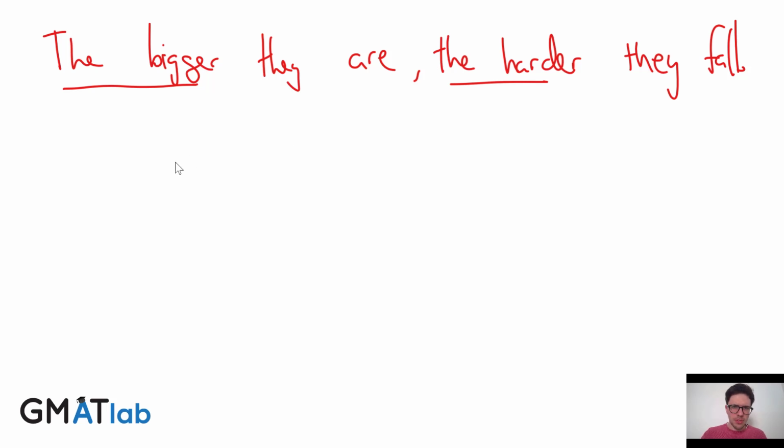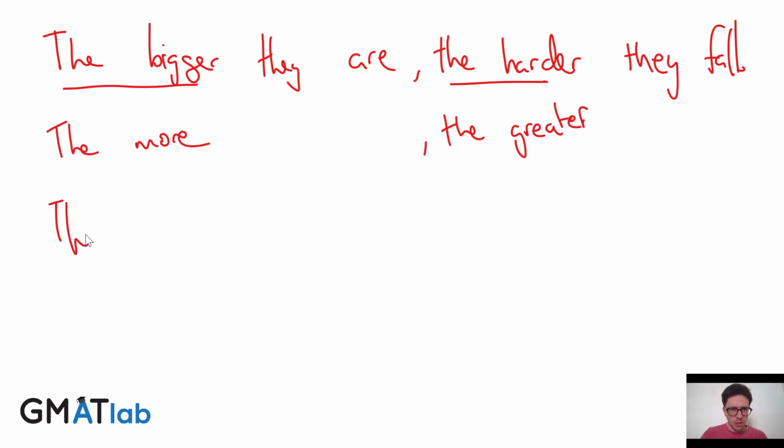And so when we have this kind of cause and effect, this relationship of two things that are correlated like this, we like to put it with comparative adjectives. And so the bigger, the harder. We could have the more, the greater, whatever, the longer the exam, the harder it is, so on and so forth.